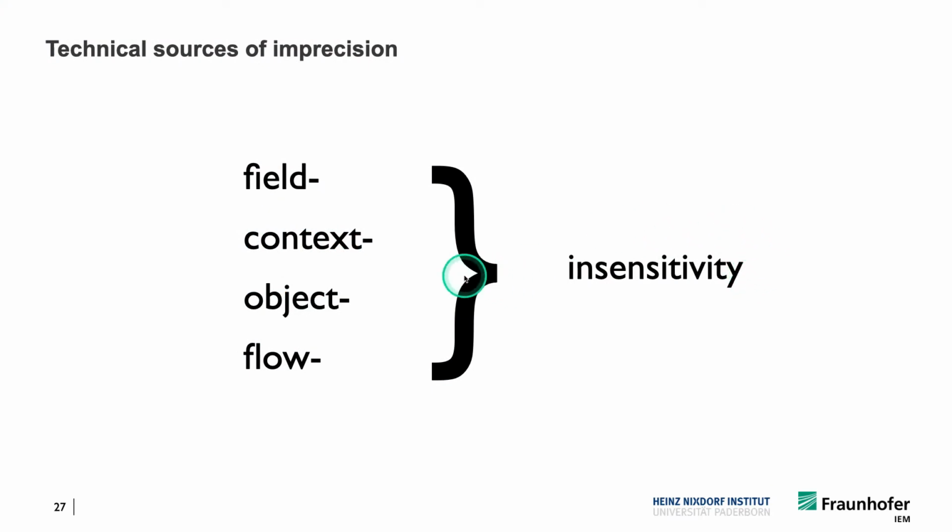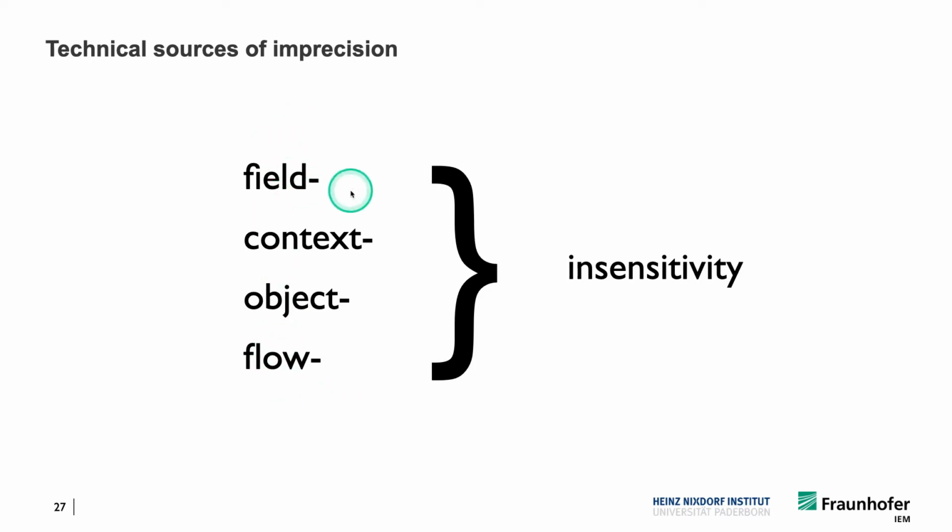So I've already shown you that there are a number of technical sources of imprecision, but I briefly want to recap these here. So you can have field, context, and object and flow sensitivity, or also insensitivity, right? And some of the Android taint analysis tools that have been published earlier, well, actually all of them were failing in some of this regard, right?